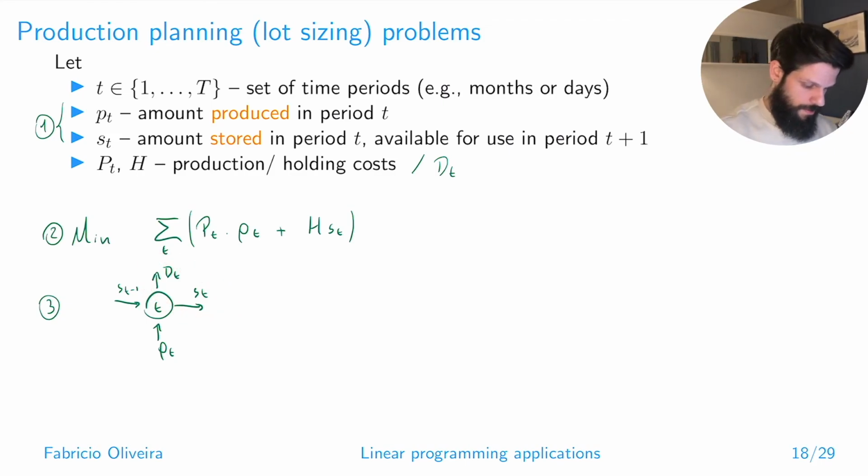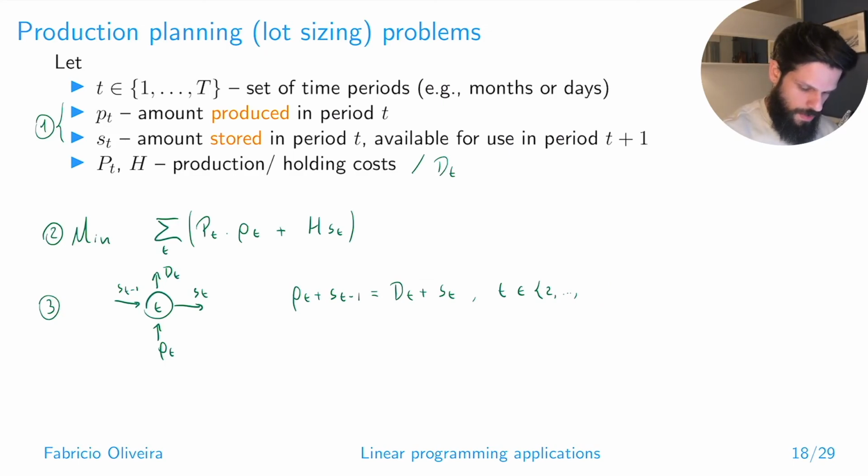So it means that the amount I produce plus what I had from previous period as inventory has to be the same as what I used to satisfy the demand in that period plus what I send to the future as inventory. And that holds for all T, or that's better said, T is in the set 2 to capital T, because you can't have this constraint.